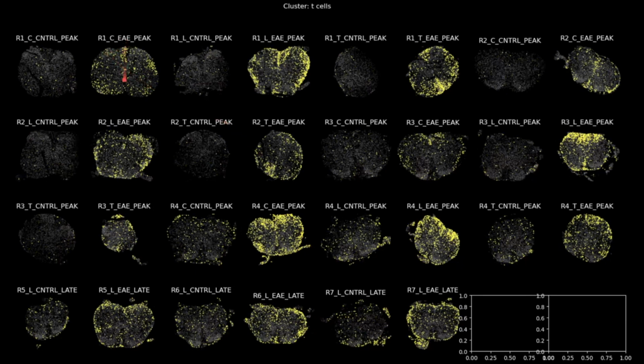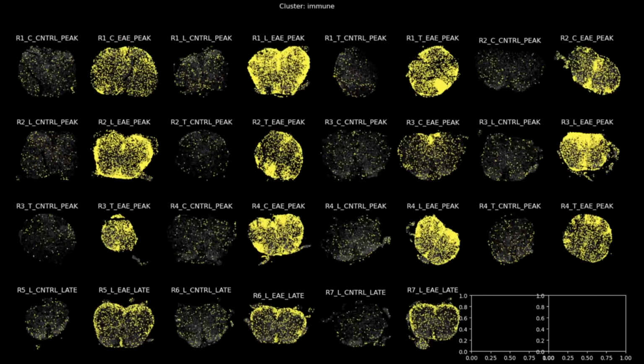Comparing EE to the control, there is a great increase in the amount of T cell populations here. This is even more pronounced if you just look at the immune cluster in general. You see very clearly which sections are in the disease and which are in the control. So it's a very nice way to look at it.